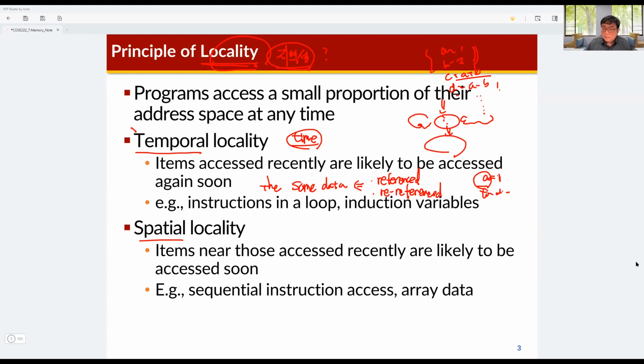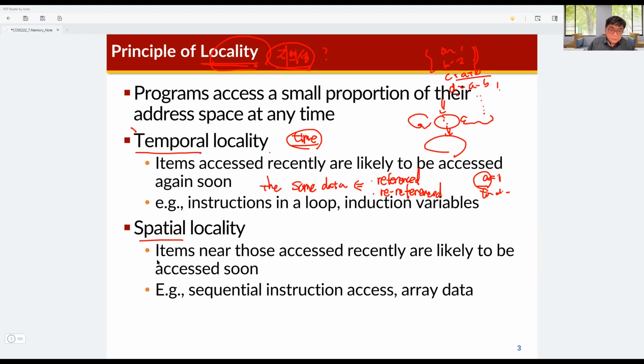So instructions in this iterative loop are used again and again. And these instructions are stored in instruction memory. So instructions are also data. Instructions in a loop are referenced again and again, so that shows temporal locality. So temporal locality means that the same data is referenced again and again.